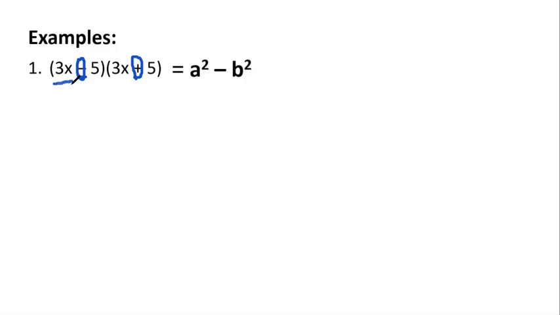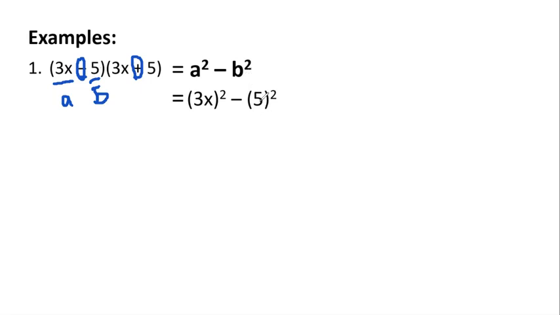Now here, our a is 3x. Our b is 5. Therefore, a squared, magiging, substitute natin yung value ng a. We have 3x, then squared, minus the value of our b, which is 5.